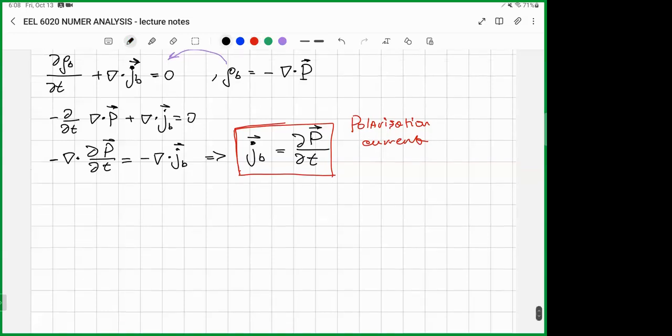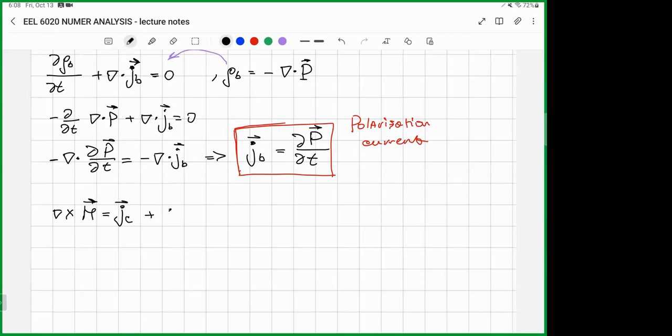So what we're going to get is nabla cross H is equal to, well, let's write the current density of the free charges, because if the actual material has some free charges, we of course have this current density of the free charges.